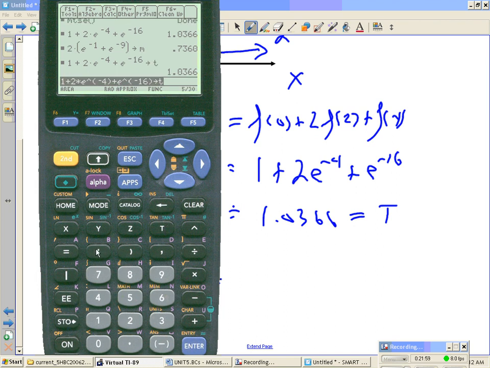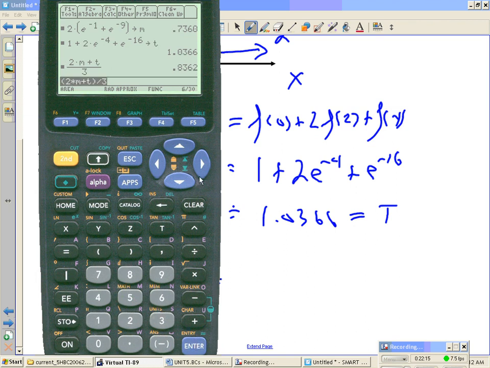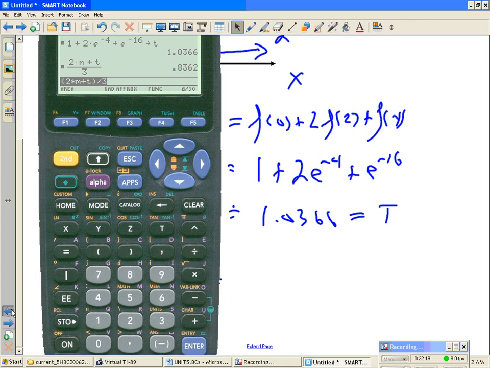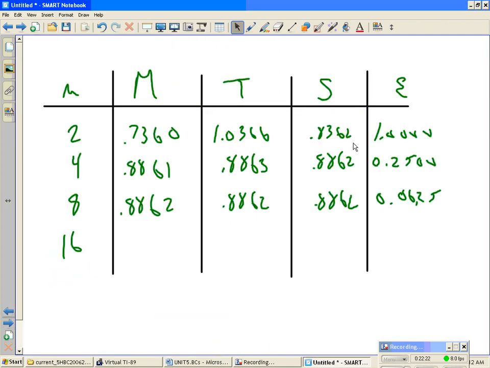And then I'm going to take the quantity 2 times alpha m plus 1t divided by 3. That is going to be my estimate for Simpson's rule. And it's 0.8362. Isn't that what we got? 0.8362, there it is. Okay?